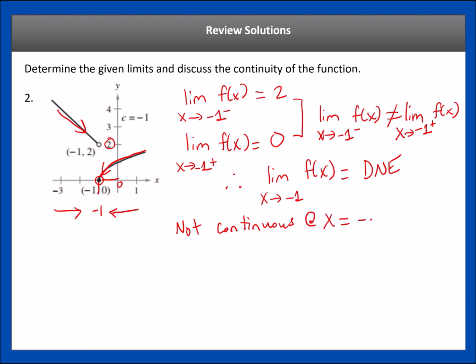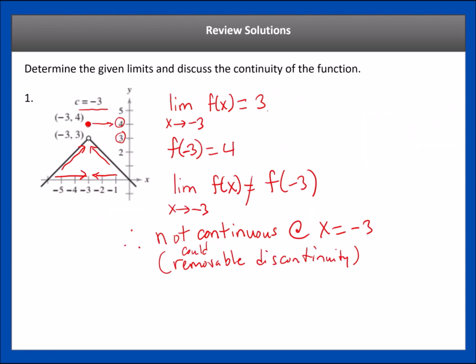at x equals -1. And in fact, there's a jump discontinuity, and you can tell because the one-sided limits do not agree. So for the previous one, I should really say that there's a hole there. So in fact, I'm going to go back here. I'm just going to say, to be more accurate, that there's a hole discontinuity.